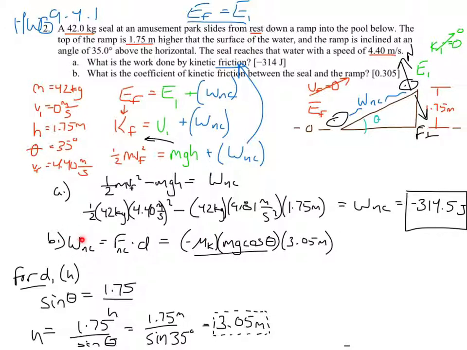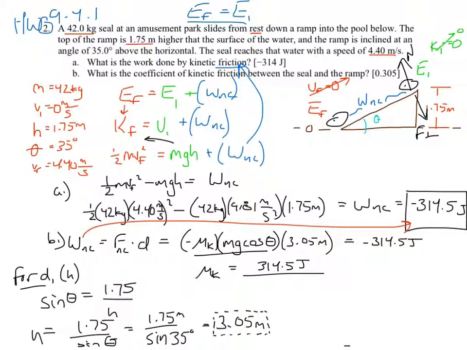Now we're in good position to solve for our coefficient because we know what this non-conservative work is equal to. It's equal to what we just calculated, negative 314.5 joules. Let's solve for that mu k. I'm just going to get rid of those minus signs because they cancel out. So that's going to be 314.5 joules divided by mg cosine theta times that distance.